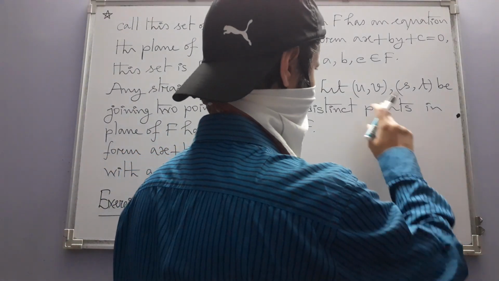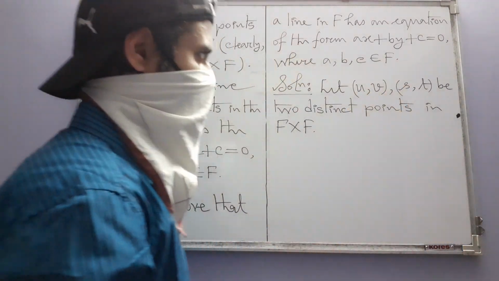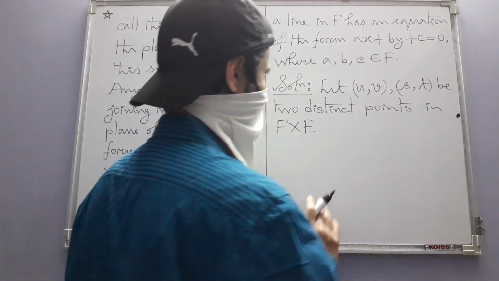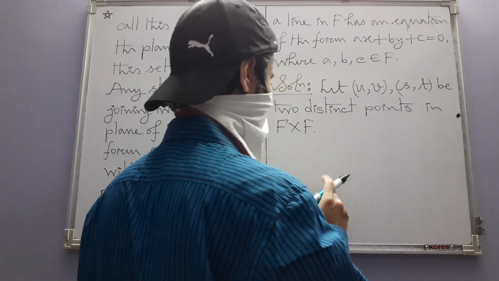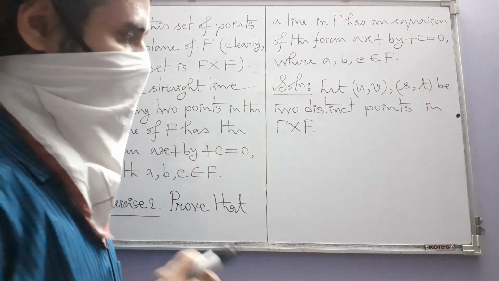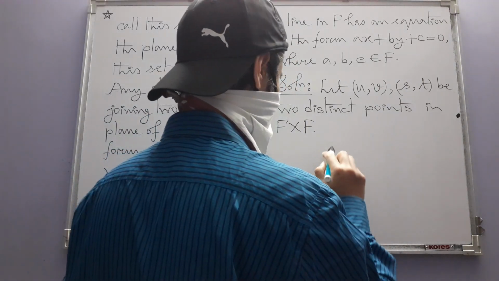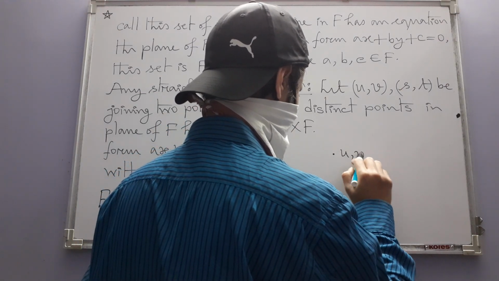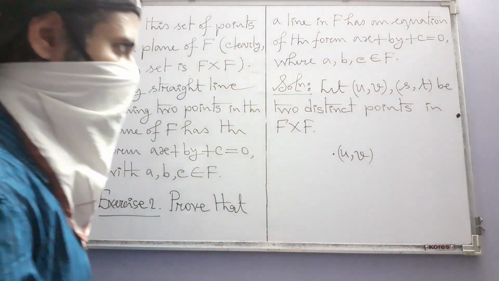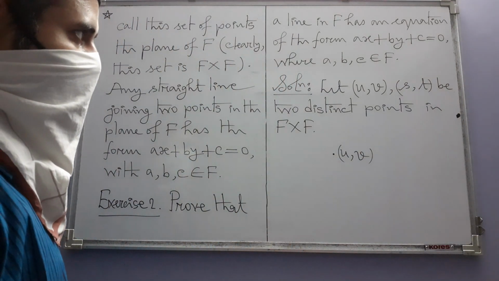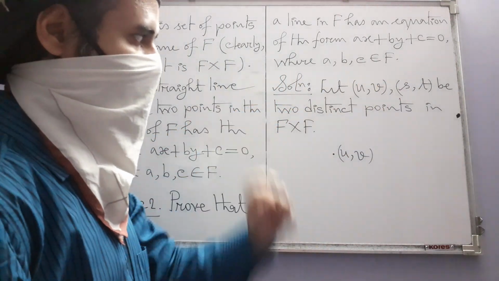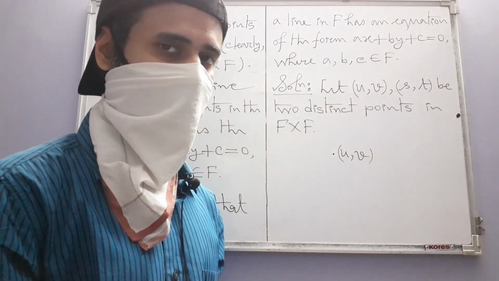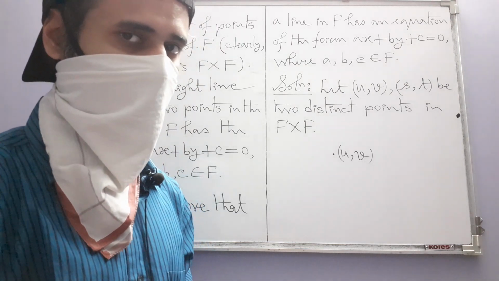But it can of course happen that u is equal to s and say v and t are different. If that happens, then think geometrically, what will the situation be? Say your (u, v) is here. Then if your s is equal to u, the x coordinates of these 2 points are the same.